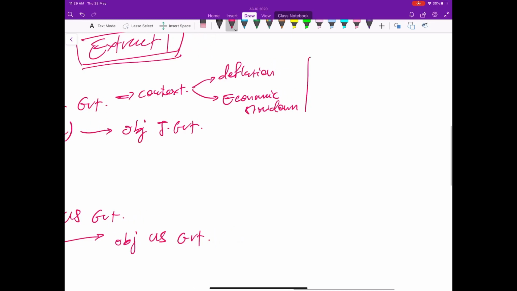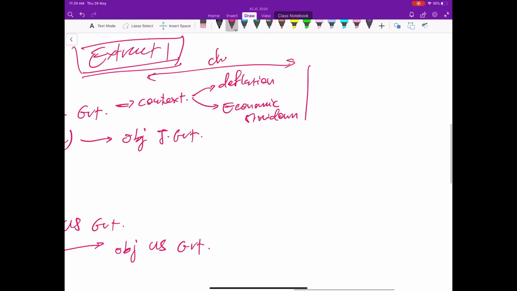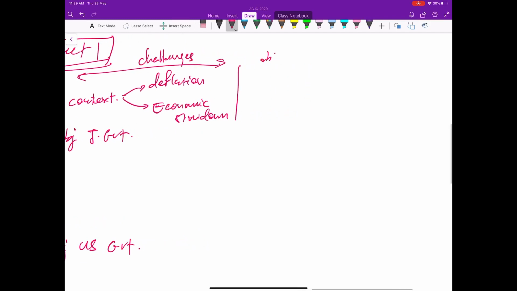So in light of these challenges, the government's objective is to increase inflation or general price levels and to increase economic growth, or your real national income.